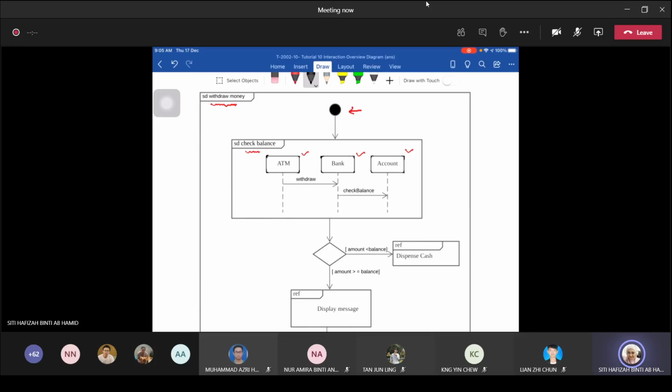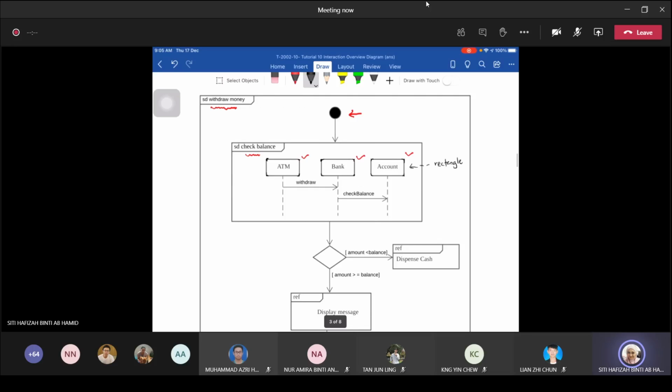So this one is a rectangle. If you notice, it starts from withdraw because it starts from the ATM, right? Then I just take this withdraw.